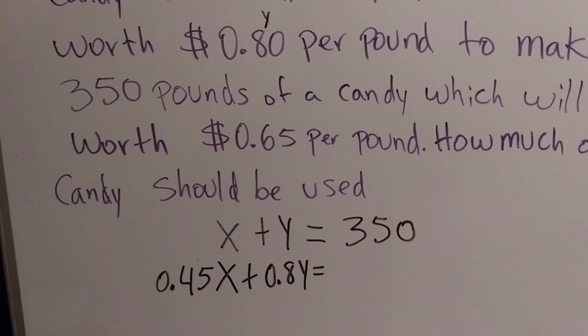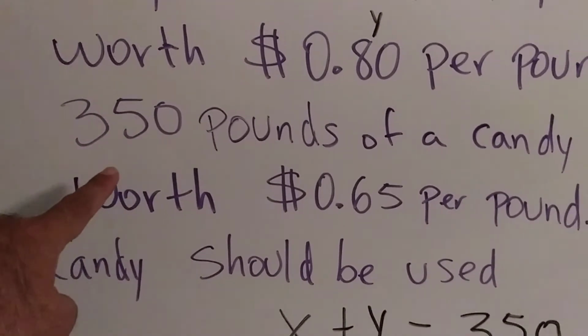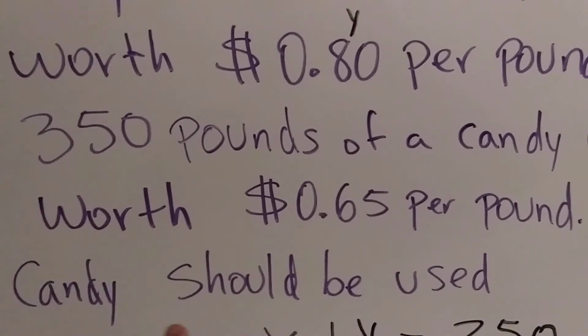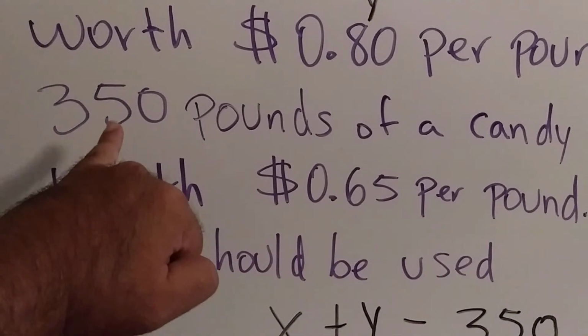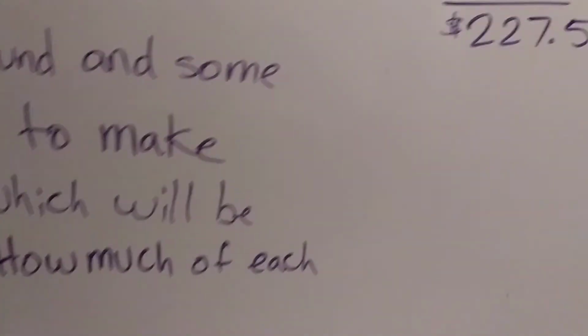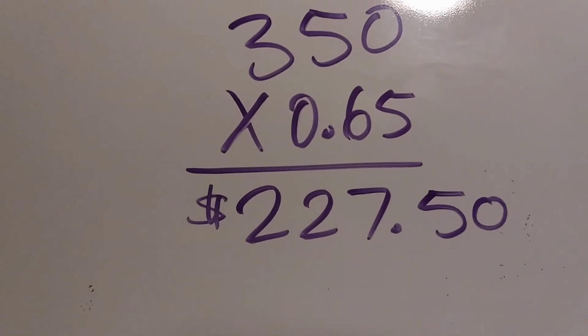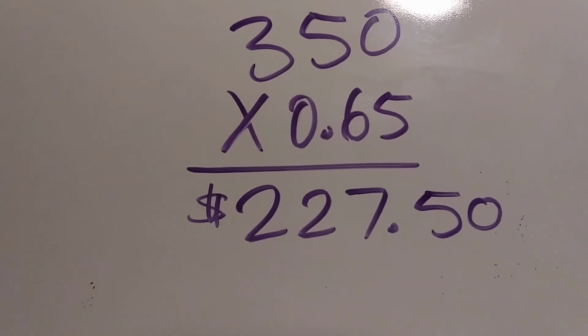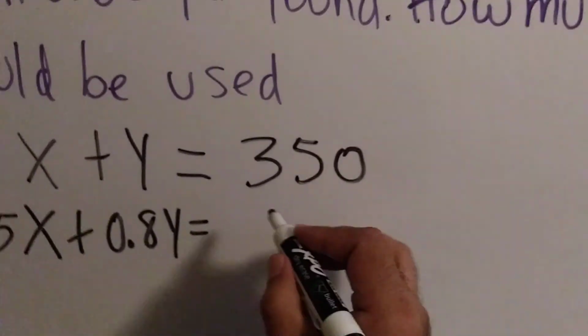You're going to have 350 pounds of the new mixture of candy, and each pound is going to be sold at 65 cents a pound. So if we multiply 350 times 0.65, and I have already done so over here, 350 times 65 cents is going to give you a total of $227.50.